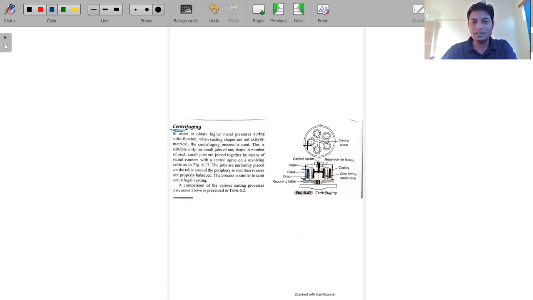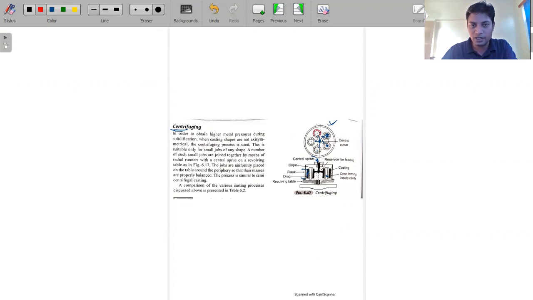From the top view, this is the core sand we are using, okay, and from here we fill the molten material. When you fill it, the molten material flows through these channels, which are nothing but the runner and the gate, in this direction, marked in red.